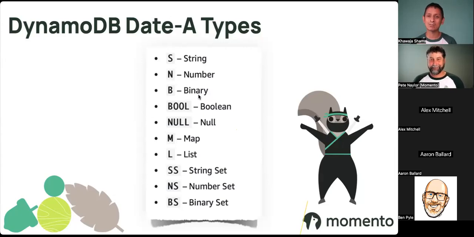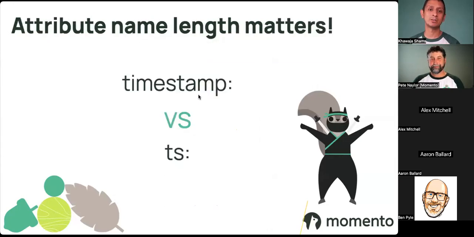This came out with the release of JSON capabilities in DynamoDB, but there are all kinds of data types, including binary. So you can put compressed data inside of Dynamo as well and store it as a binary attribute. You can store bools. You can have maps, lists, and sets. Now those get kind of hairy, but there are data types that are much slimmer than others.